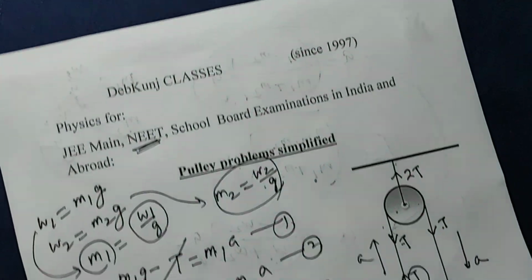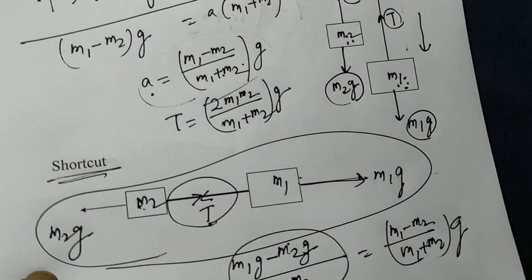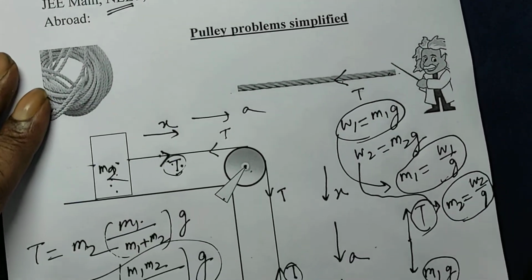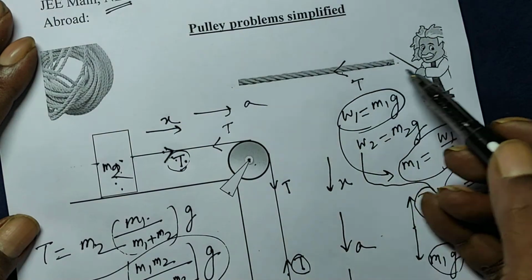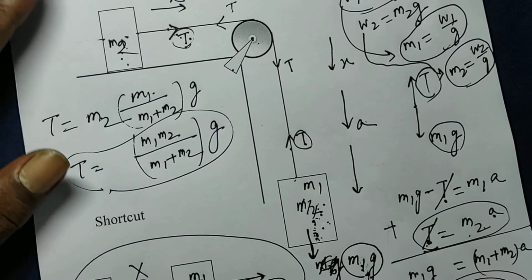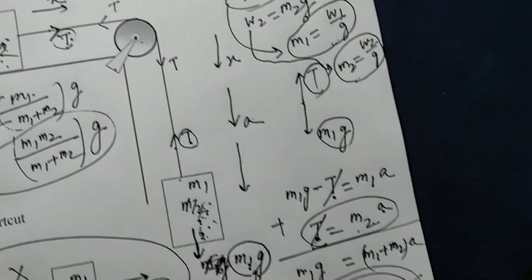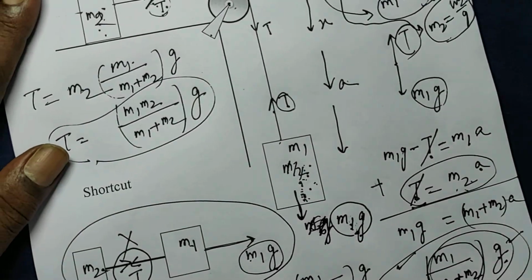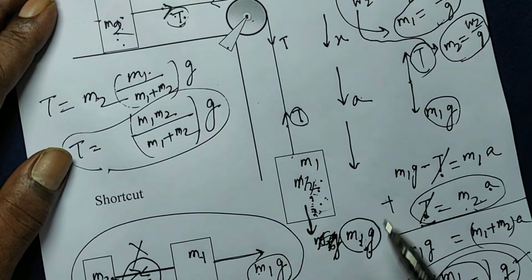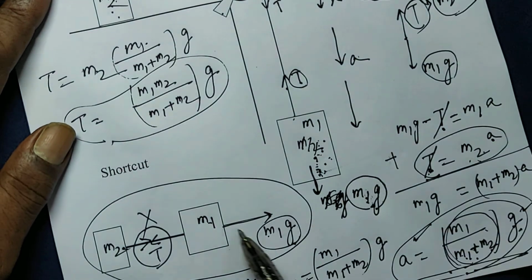This I had explained in the first video, and this I just explained in the present video. And I just explained why the tension has to be away from the mass to which it is connected. By writing the equations you can solve, but to do it faster, you imagine this m1 to be horizontal and this m1g is acting horizontally to this side.